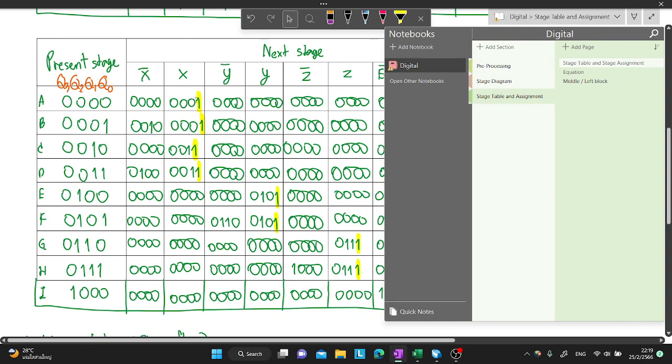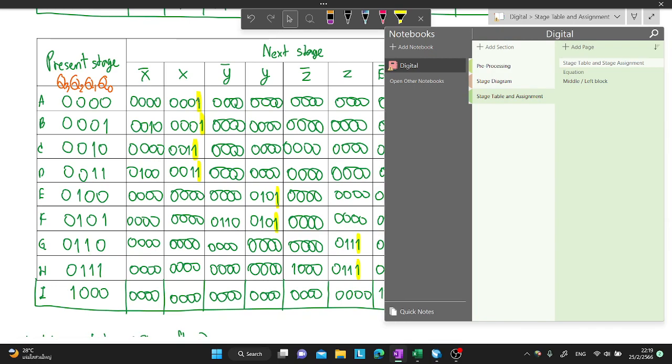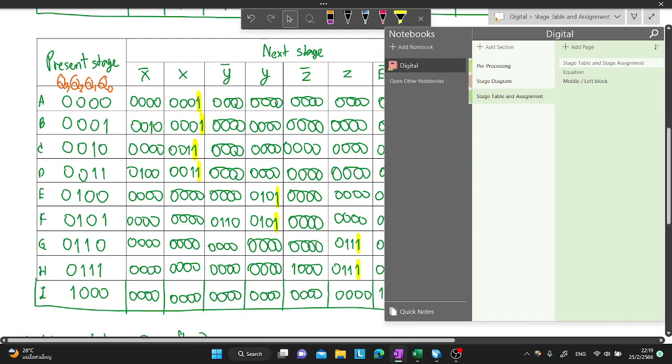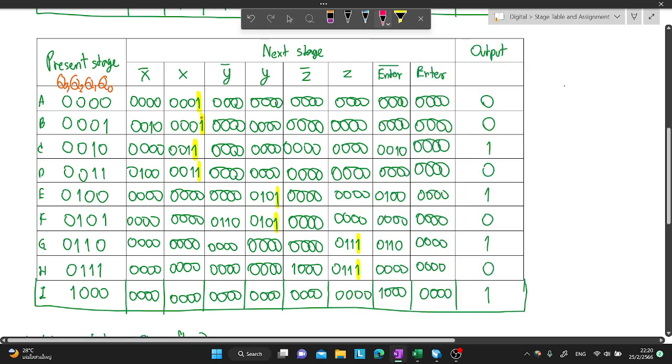When you write an equation, you have to choose the minterm form. So in minterm form, all of the terms from any state are going to be ORed. So this one right here. I'm going to write the equation.